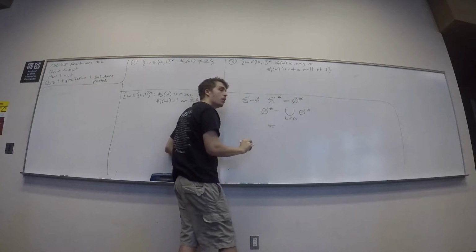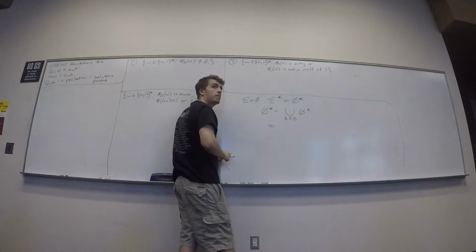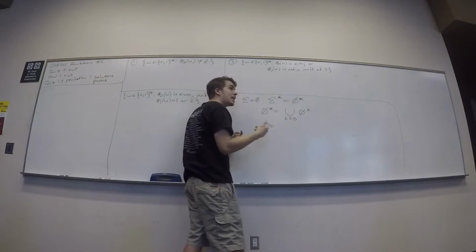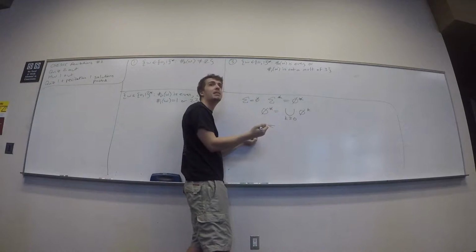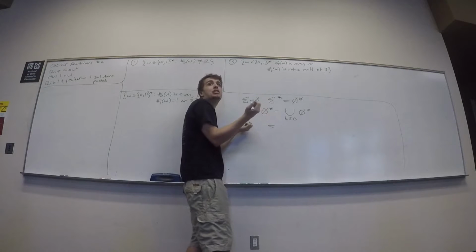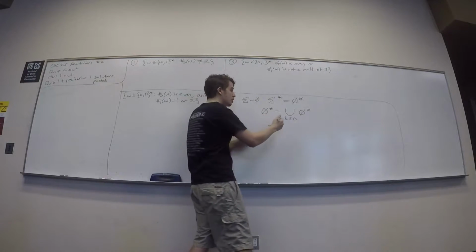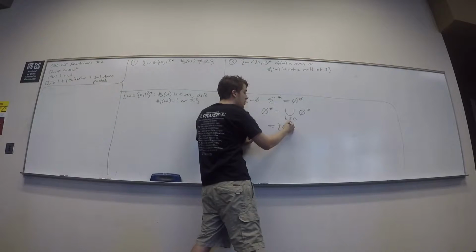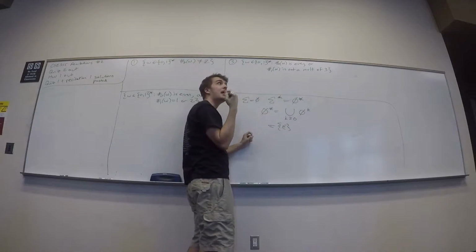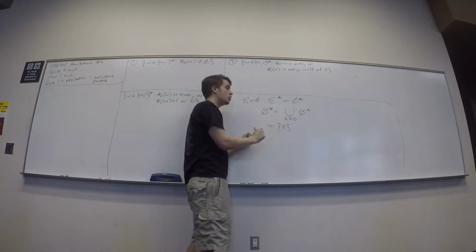What if k is 0? Picking 0 things from the empty set gives the empty string, right? That's because we saw that the empty string is in every star of any language.